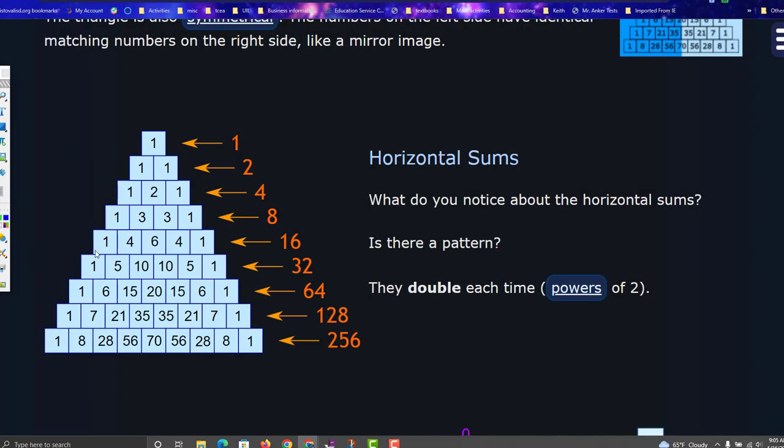And so on row 4, the coefficients were 1, 4, 6, 4, 1.